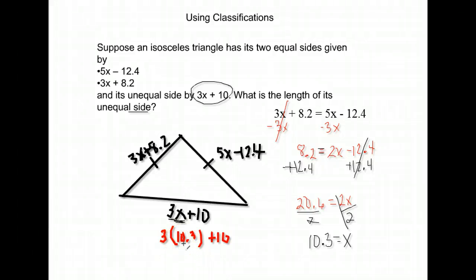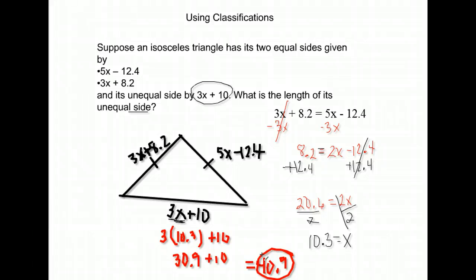So first you would do 10.3 times 3, which gives you 30.9, and then you add 10. So my correct answer is 40.9 would be the length of that unequal side.